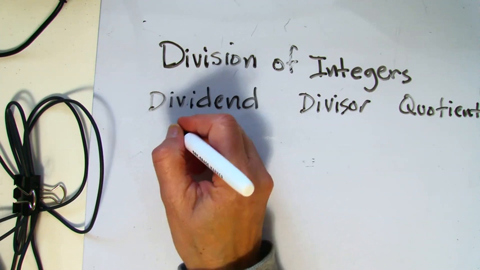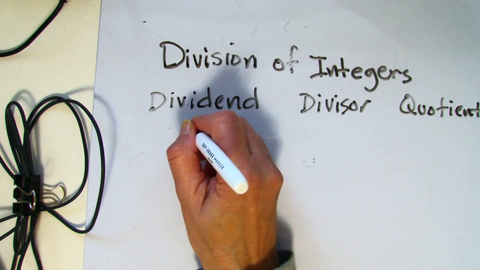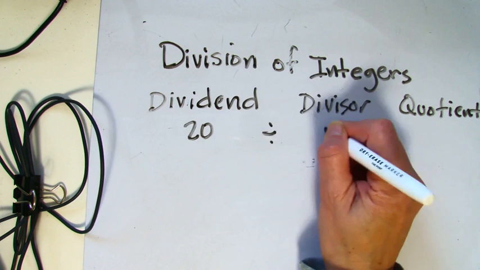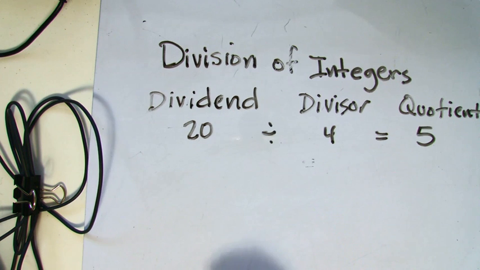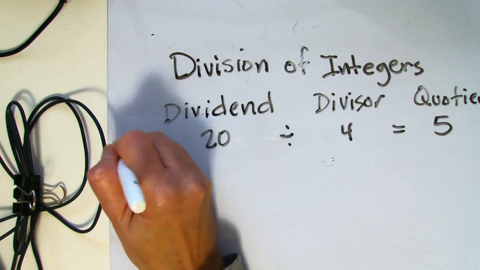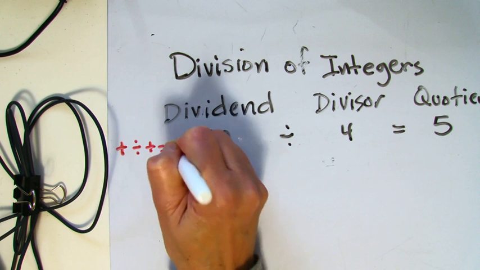So if we have all positive numbers, like 20 divided by 4, our quotient is also going to be positive. So positive divided by a positive equals a positive.